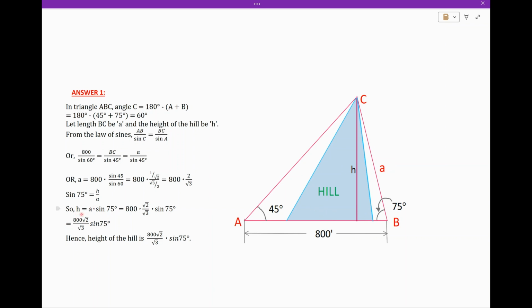So, H is equal to a sine 75 degrees, and since a is equal to 800 multiplied by 2 divided by square root of 3, we get H is equal to 800 multiplied by square root of 2 divided by square root of 3 multiplied by sine 75 degrees, or the value of H is this. Therefore, the height of the hill is 800 square root of 2 divided by square root of 3 multiplied by sine 75 degrees.